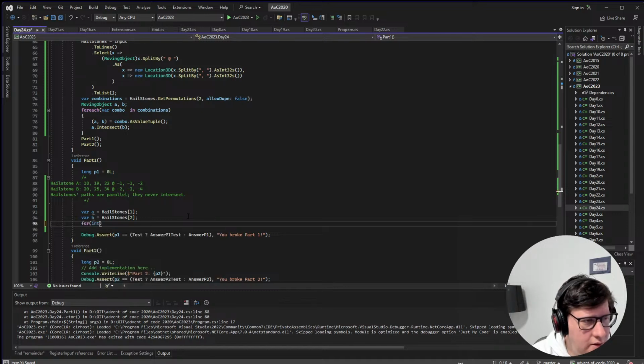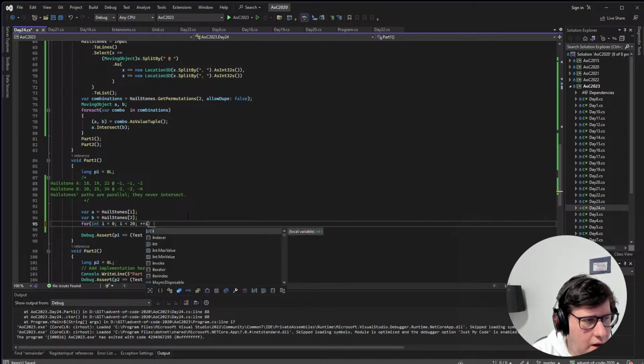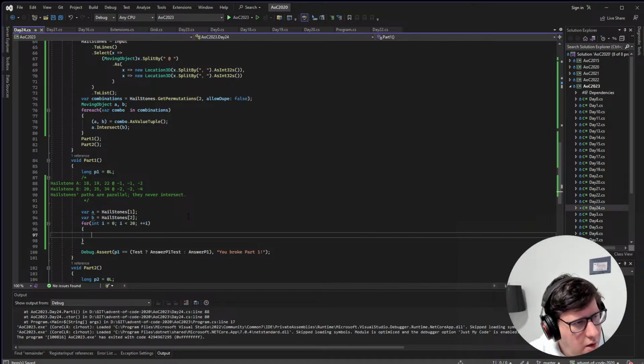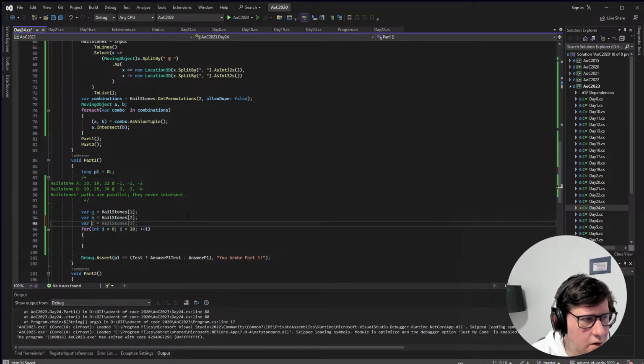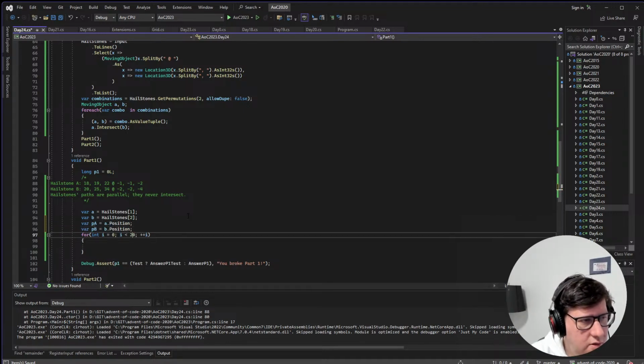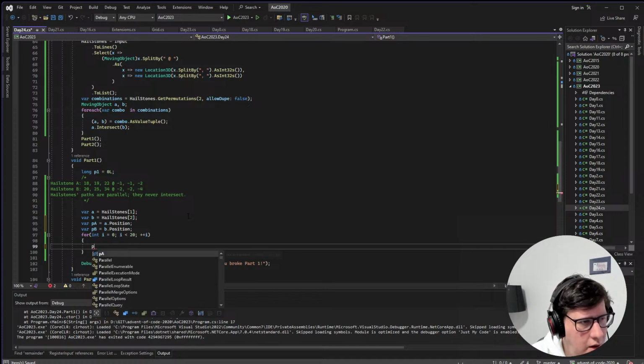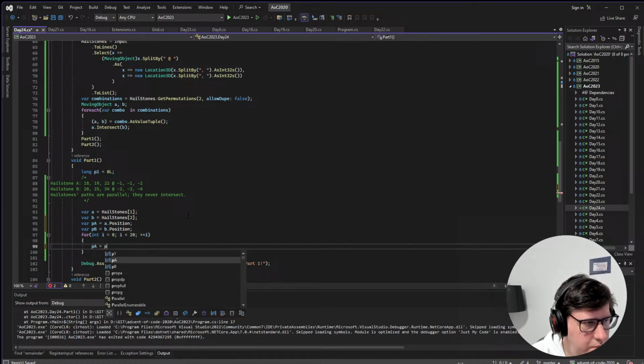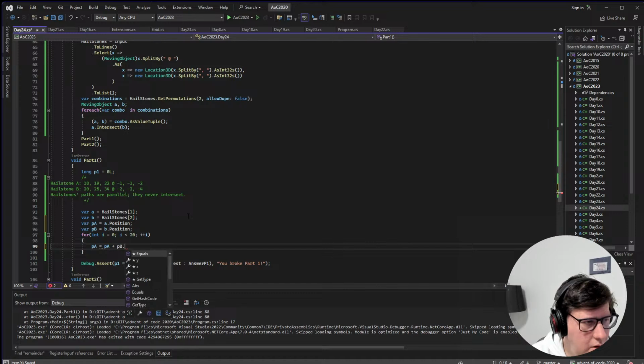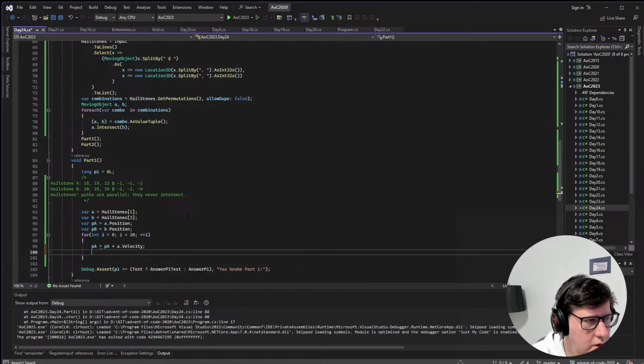So for int i is 0, i smaller than 20, increment i. Let's do var PA is a.position. Yes, okay. PA is PA plus A.velocity. Same for PB, like this.